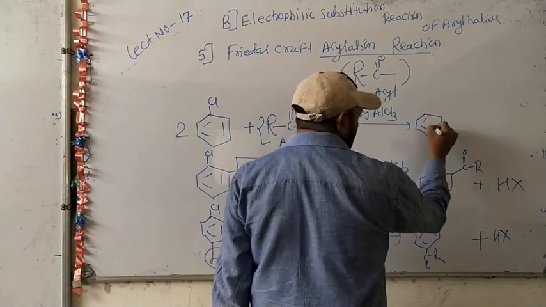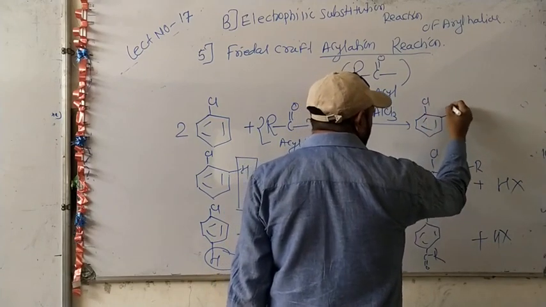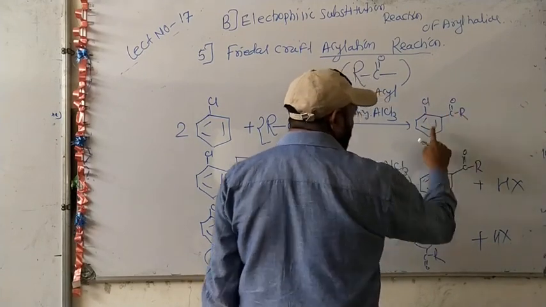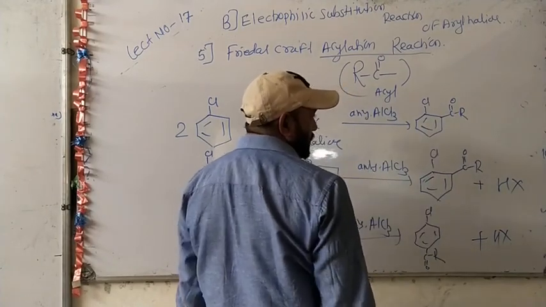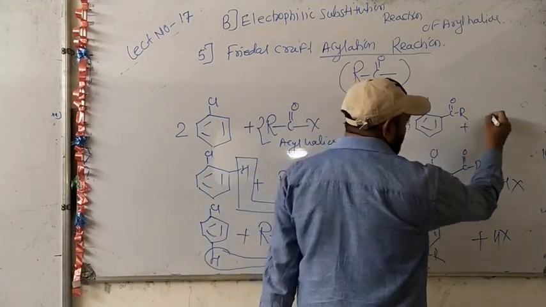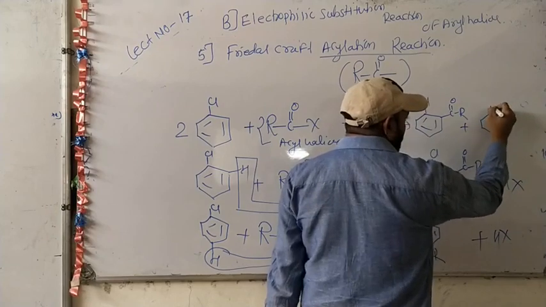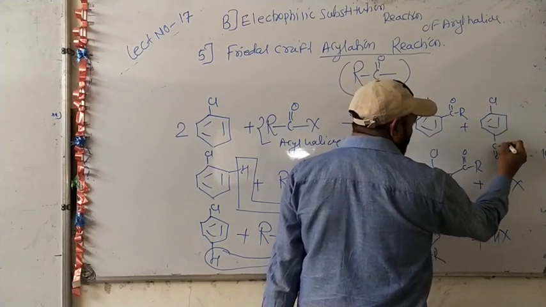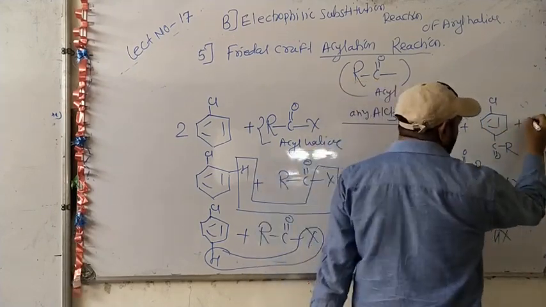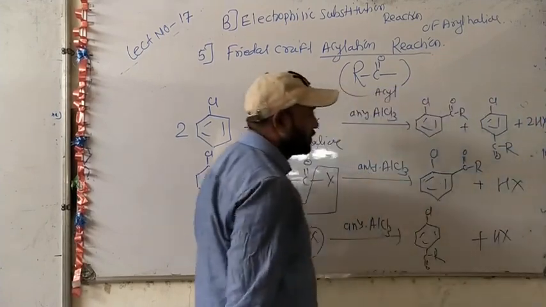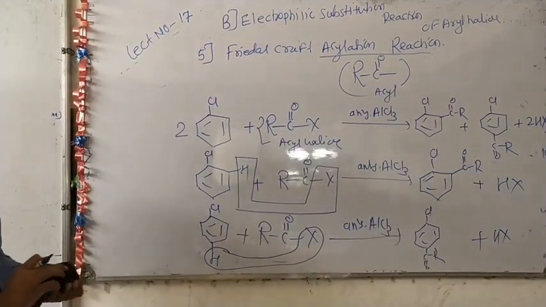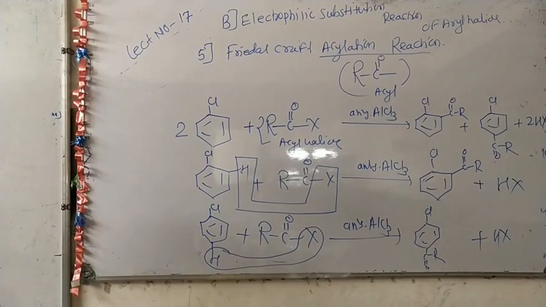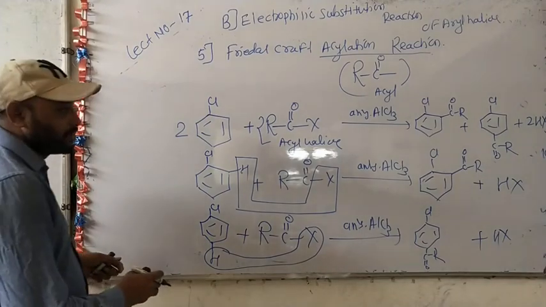One is ortho-chloroacylated benzene. Second is para-chloroacylated benzene, plus 2 times HX. So aromatic ketone is formed in a Friedel-Crafts acylation reaction.